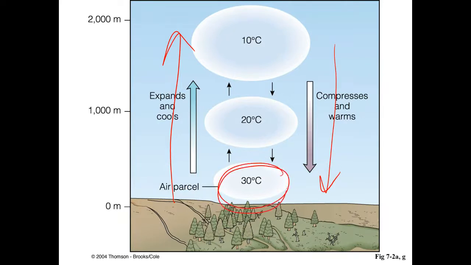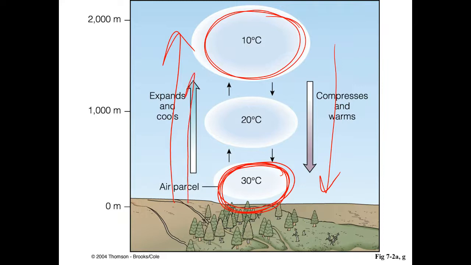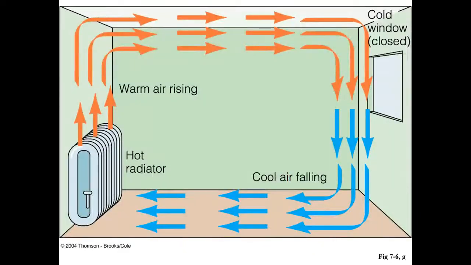It's warmest closest to sea level, closest to the Earth's surface, and colder as you rise up. So if we're going to rise up and cool, air will expand. If you're going to fall down and warm, you're going to compress. Okay, so now we have two factors, the horizontal and the vertical, both based on density, both based on temperature.